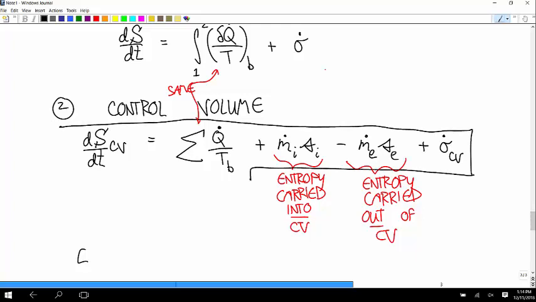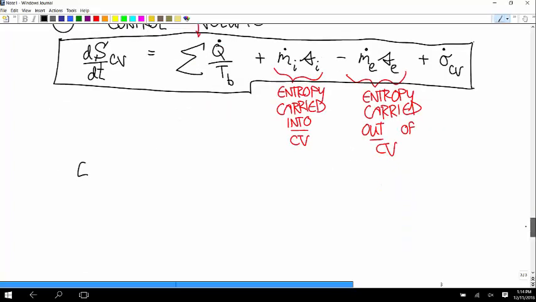Okay, so we have a turbine in steady state.